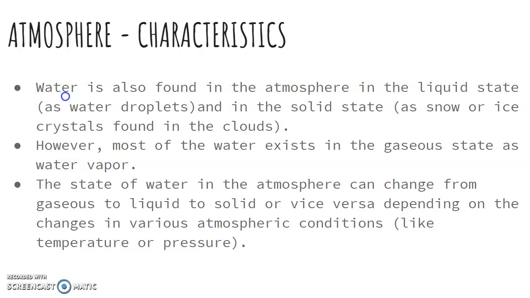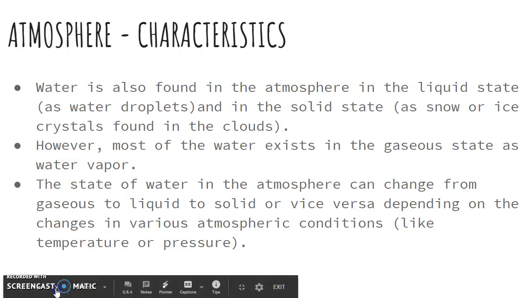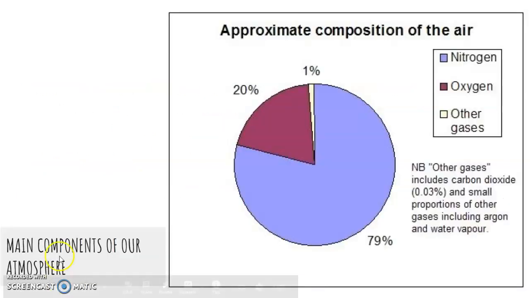So it can change from water vapor to something more liquidy, which is water droplets, and then to more solid, which is ice crystals, or the opposite way. It really depends on what the temperature or pressure in the atmosphere is like.